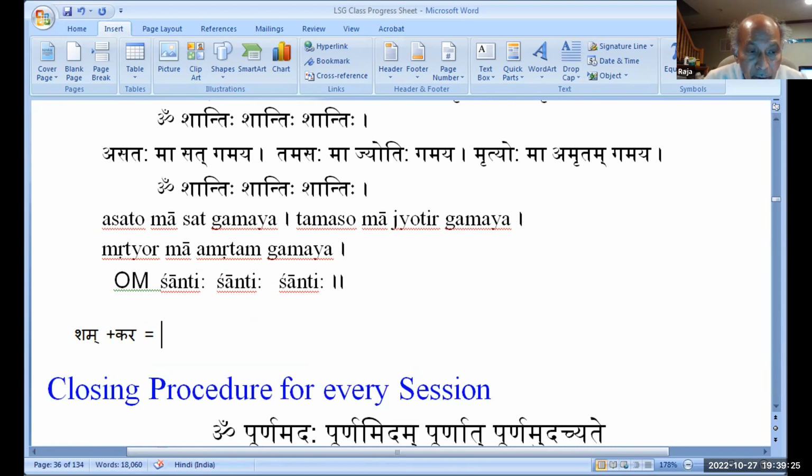If you're writing Hindi, you write like this, but you can't write like that in Sanskrit. How do you pronounce that? Shankara. Do you pronounce that Shamkara, with the Makara? No.